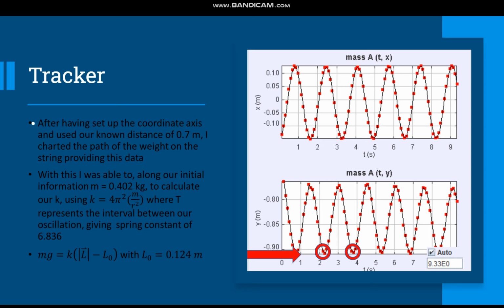With this, I was able to, along with our initial information, m equals 0.402 kg, calculate our k, using k equals 4 pi squared m over T squared, where T represents the interval between our oscillations, giving a spring constant of 6.836. mg equals k(L minus L naught), with L naught being 0.124 meters.